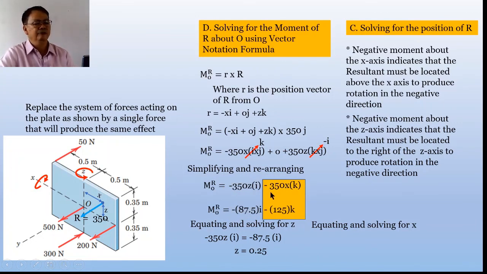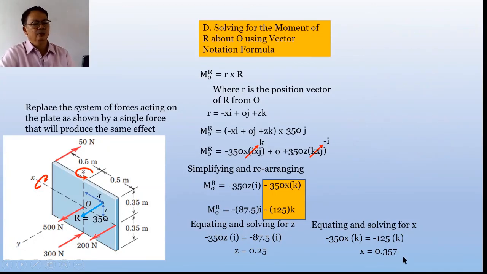Similarly, we can solve for x here, by equating the two, such that you have negative 350xk shall be equal to negative 125k. k again will cancel, and from here we can solve for x at 0.357.